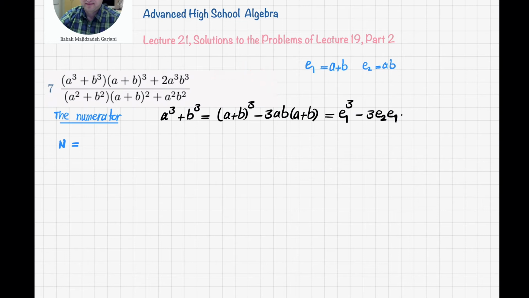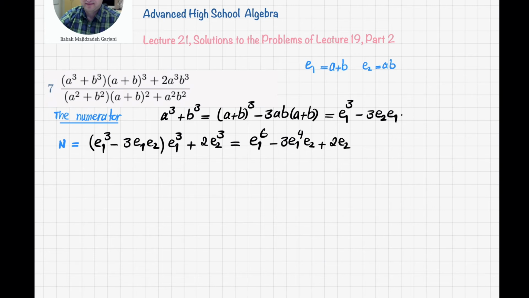So I replace everything, so it becomes e1^3 minus 3 e1 e2, and then multiplied by e1^3, and finally plus 2 e2^3. Now let me simplify this. I expand that, so it becomes e1^6 minus 3 e1^4 e2, and then I will have plus 2 e2^3.